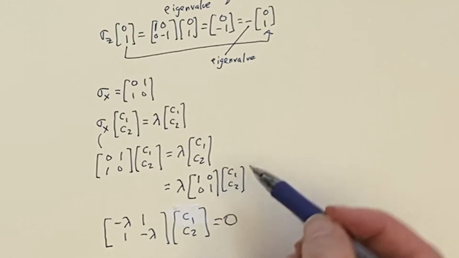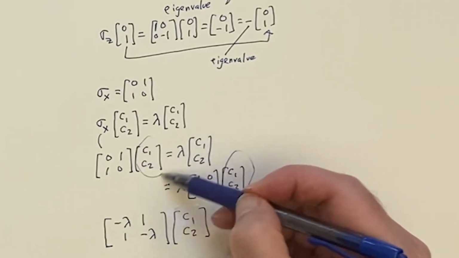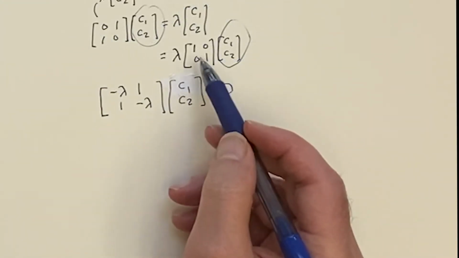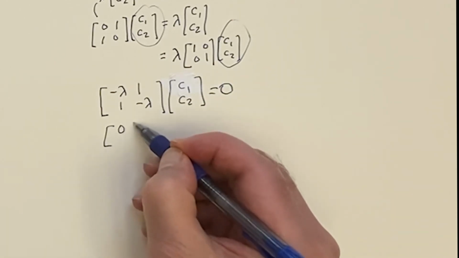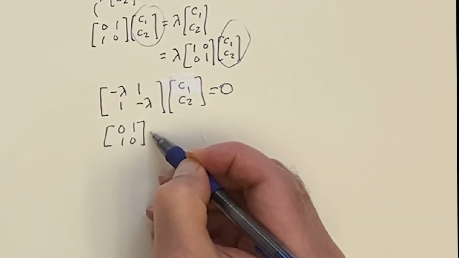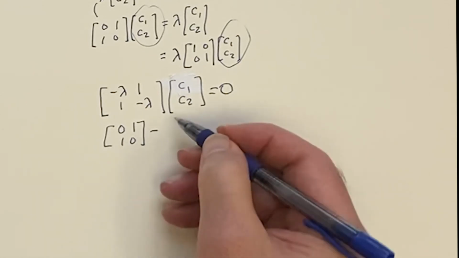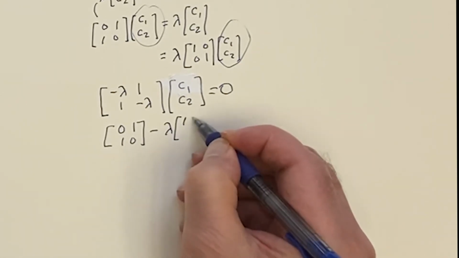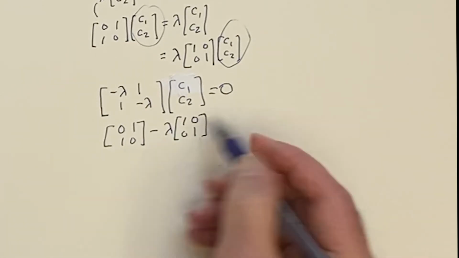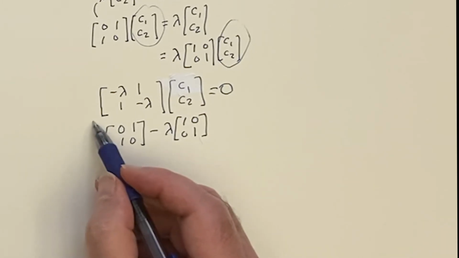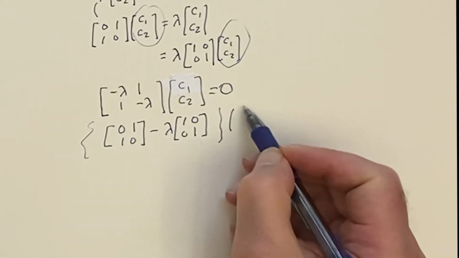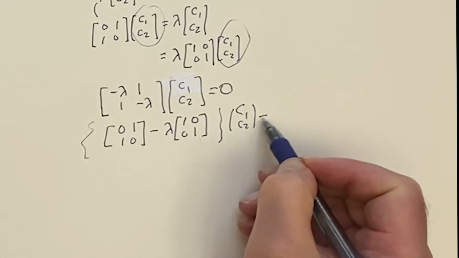So think of this as being on the far right, and think of subtracting these two, because all of this is going to be operating on the C1, C2 to equal 0.